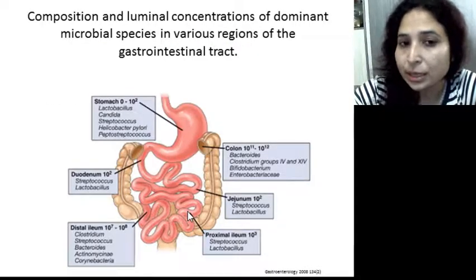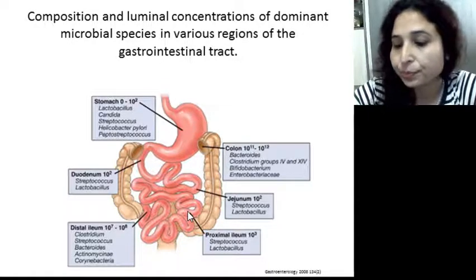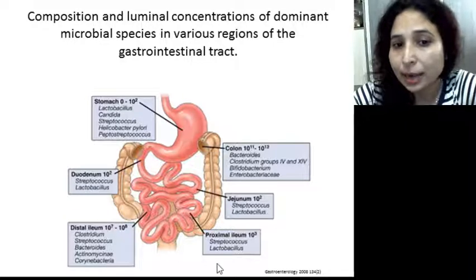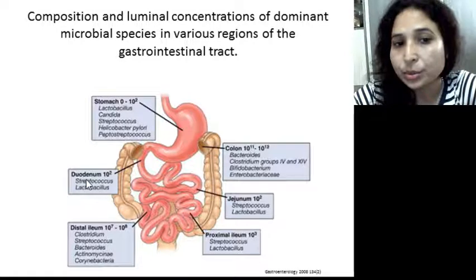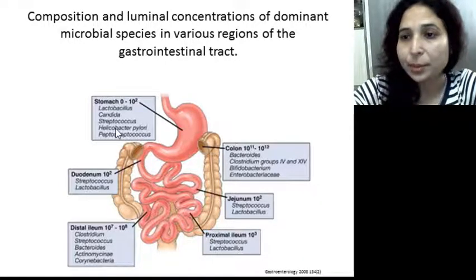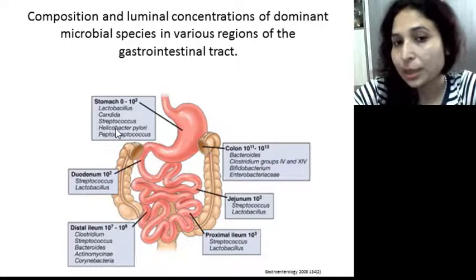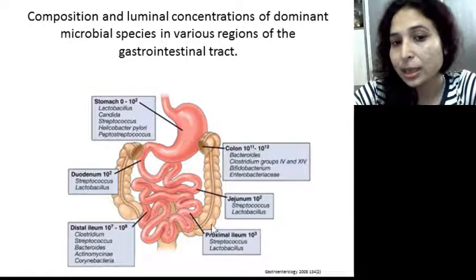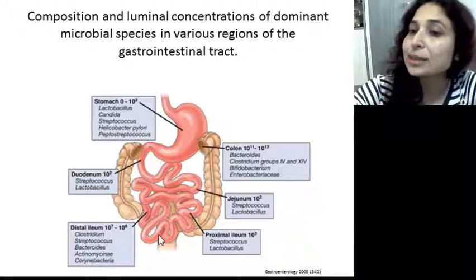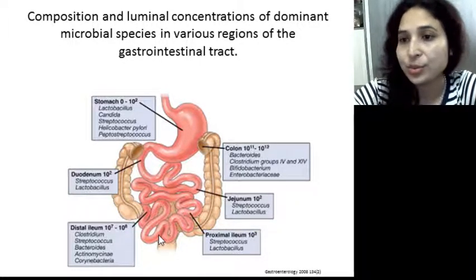So if we see, this is the structure of the gut. This is the gastrointestinal tract, and here you see there is an abundance of microbes in different regions. You can see different types of microorganisms are present. Some may be harmful and some may be useful to the host. So an estimation of all these in the gastrointestinal tract is very important to estimate the health of an individual.